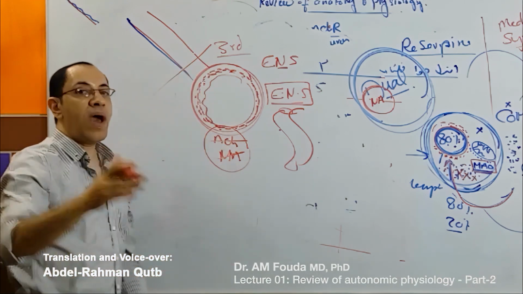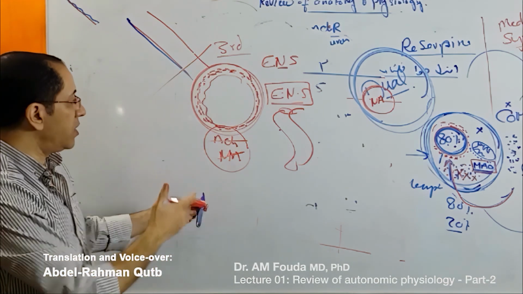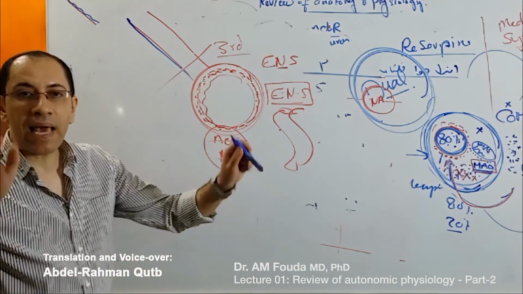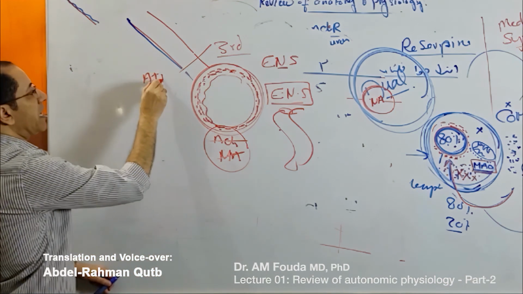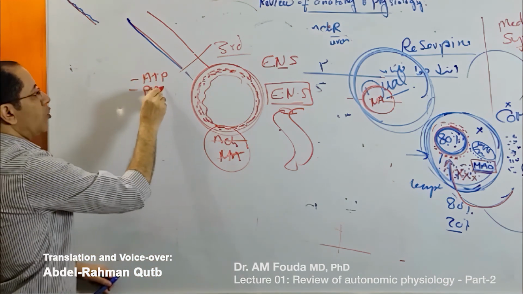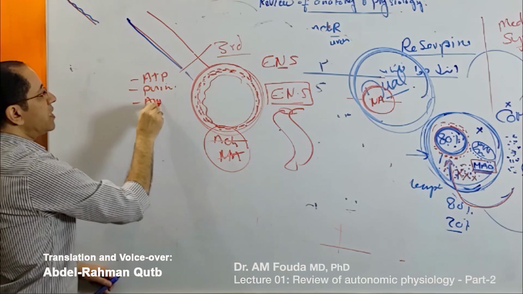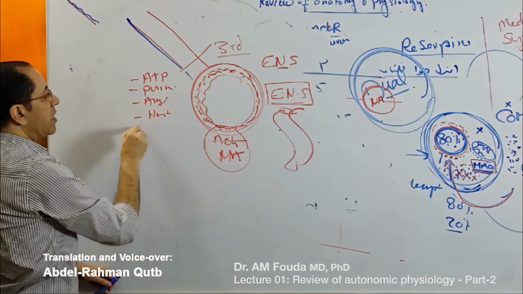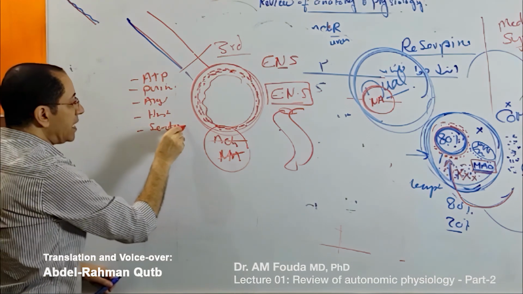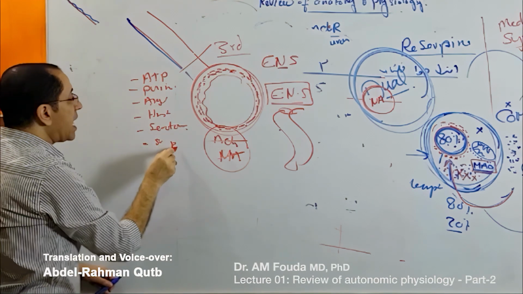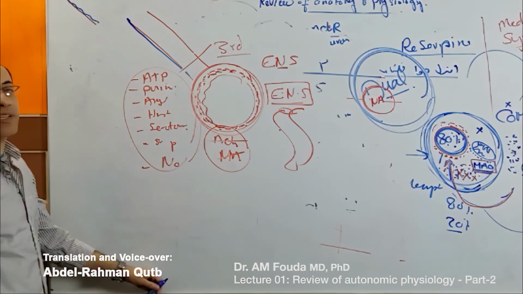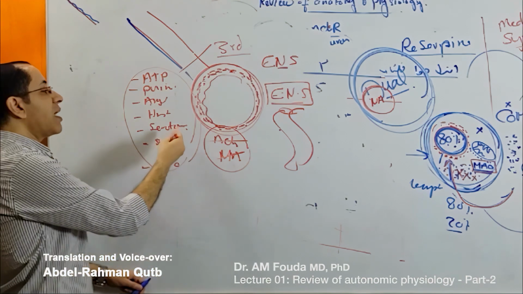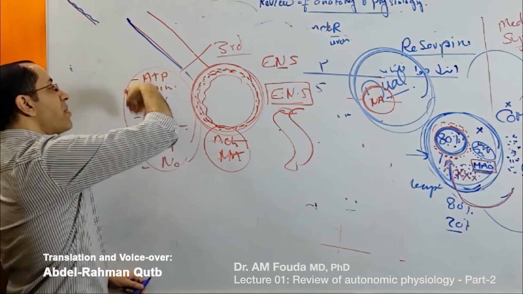Don't ever think that acetylcholine and norepinephrine are the only transmitters we have. We have uncountable numbers of transmitters such as ATP, purines, angiotensin, histamine, serotonin, substance P, nitric oxide. All of these are transmitters, but they are not specific for sympathetic or parasympathetic.